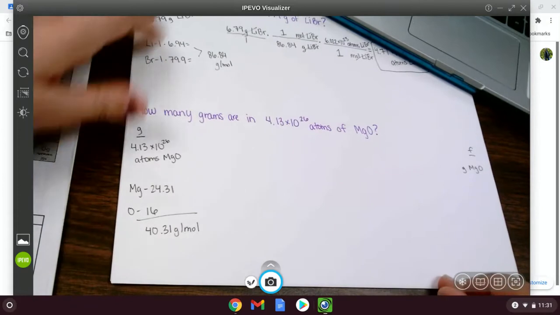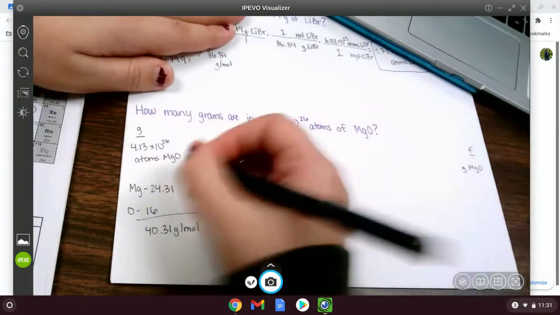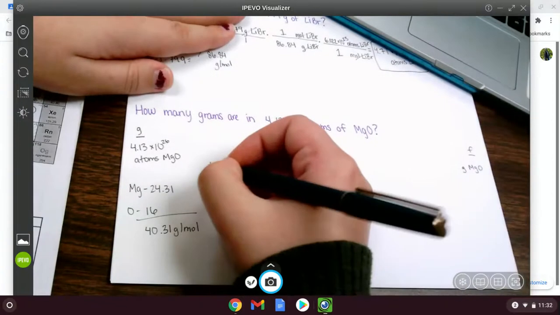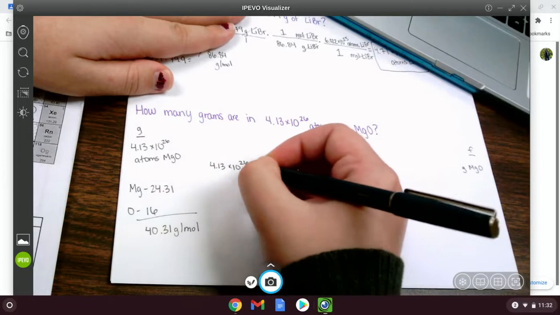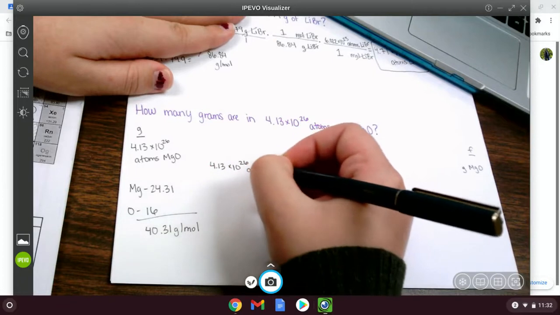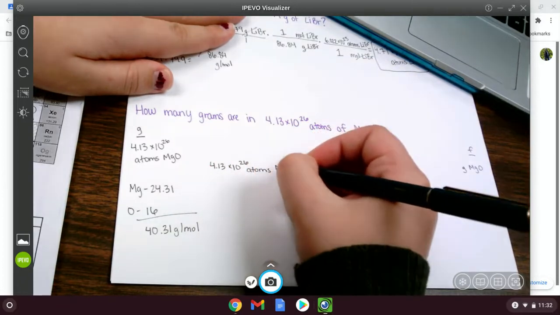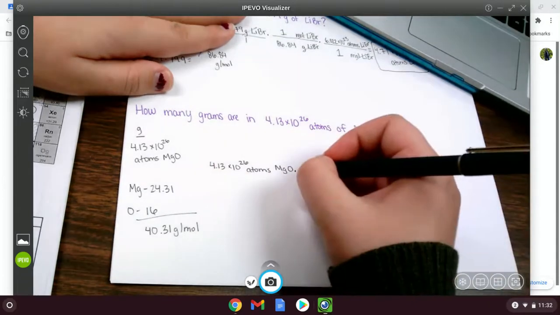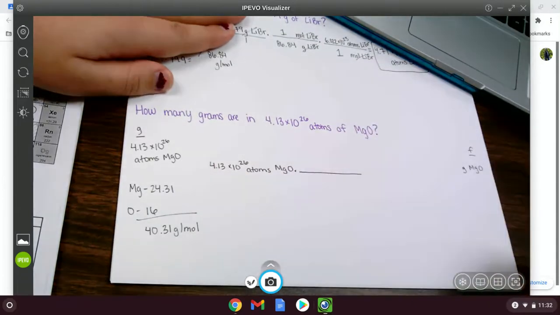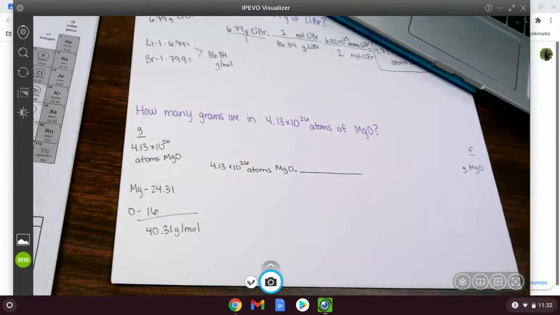I'm always going to start with what I'm given. So I'm going to rewrite my 4.13 times 10 to the 26 atoms MgO. Yes, you need to write the unit and the compound. So we're working backwards this time. We're trying to go from atoms to grams, but we have to go through the mole.